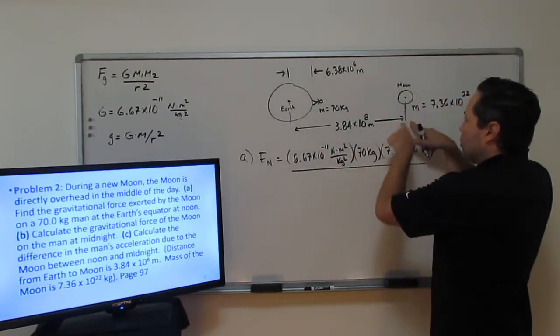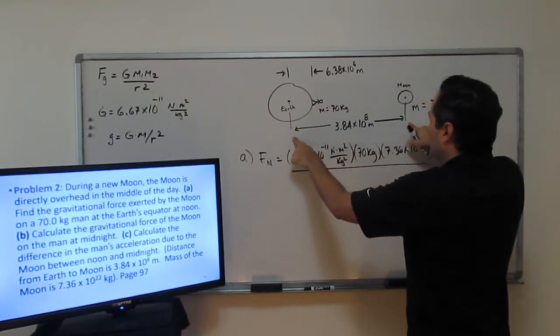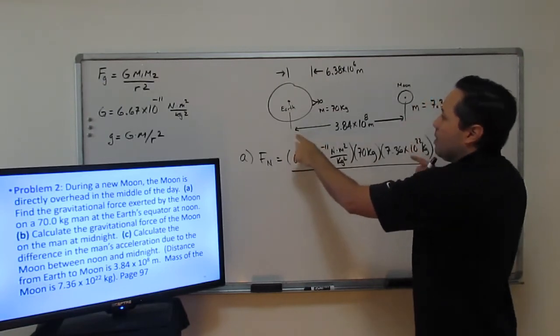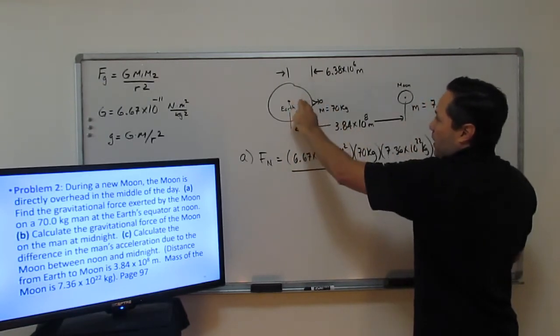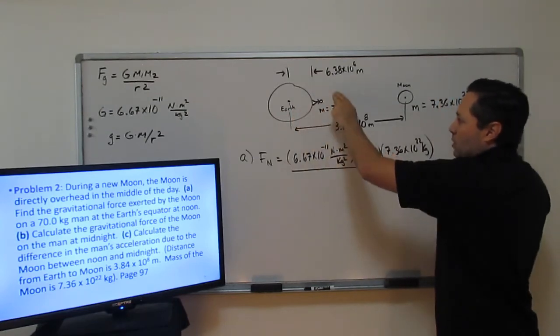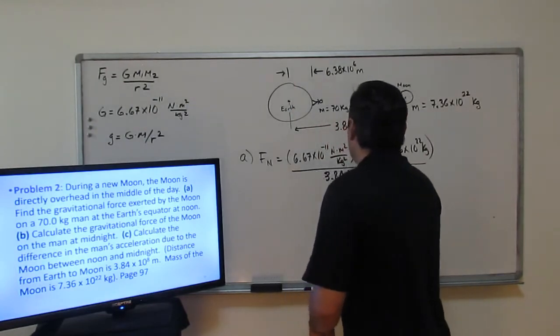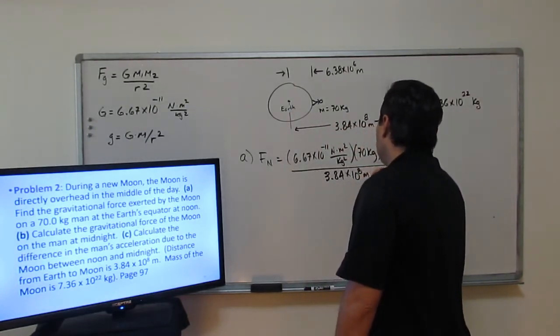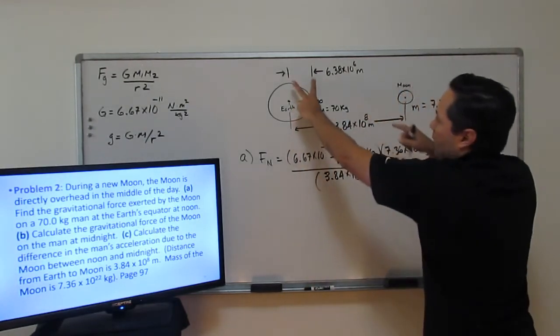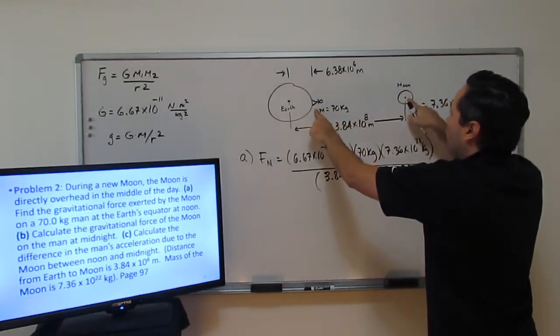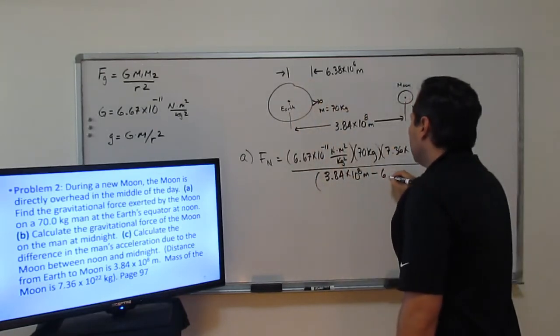The radius is the distance from the center of the moon to the center of our planet. But we're going to take away the radius of the planet because he is closer, he is on the equator. So it will look like this: 3.84 times 10 to the 8 meters minus 6.38 times 10 to the 6 meters, to figure out how far he actually is from the center.